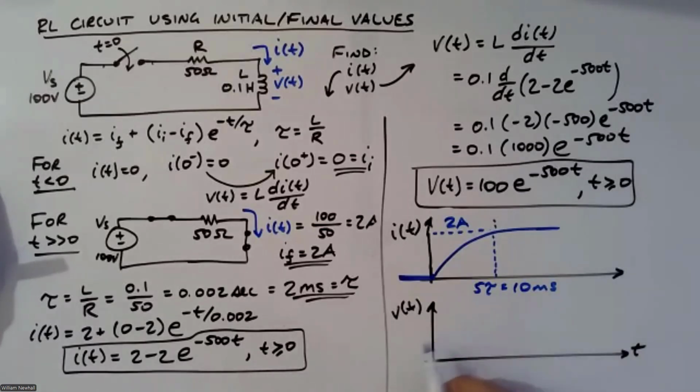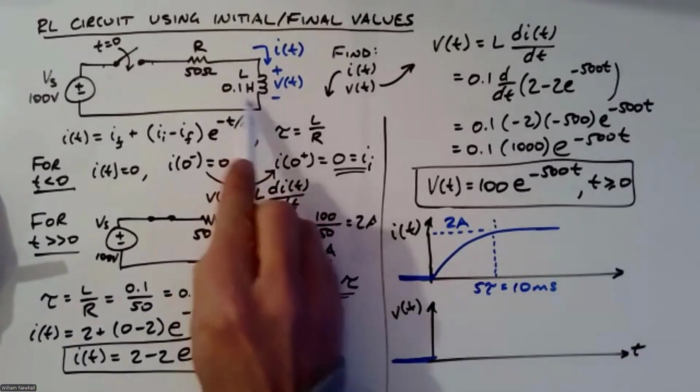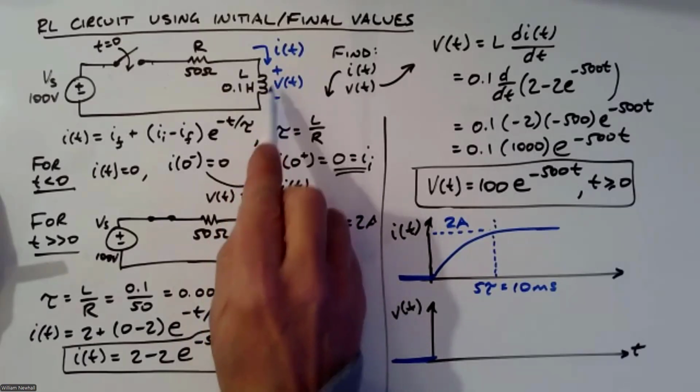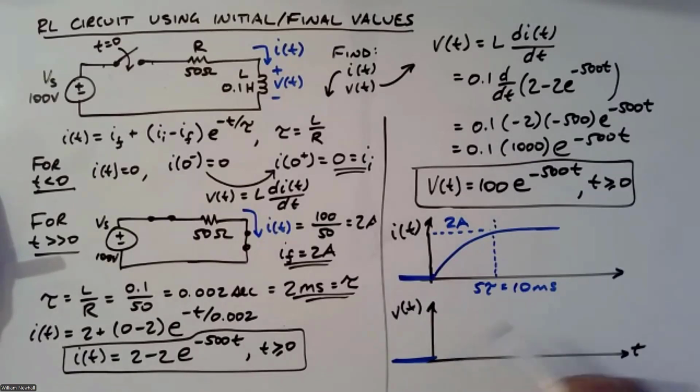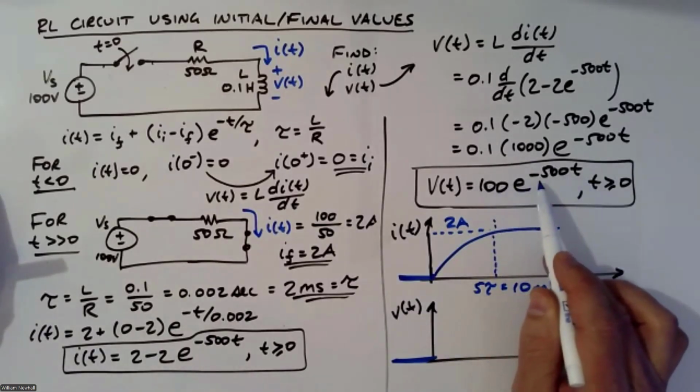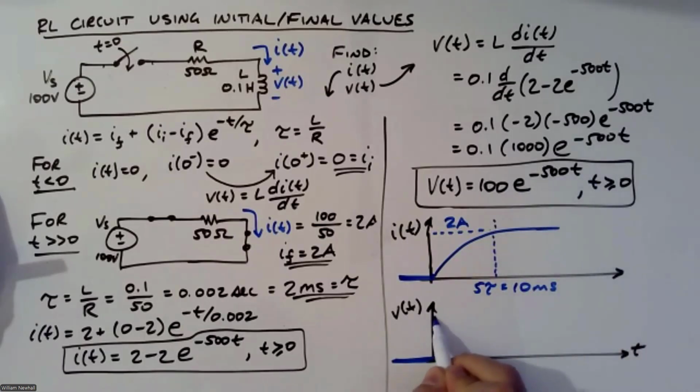For V of t, that's a little different. V of t before t equals 0 is 0, right? I think you can see there's nothing happening here. There's no current through the inductor, no change in current, so V of t is 0. But then right at t equals 0, I get 100 e to the minus 500 times 0. I get 100 volts right there.